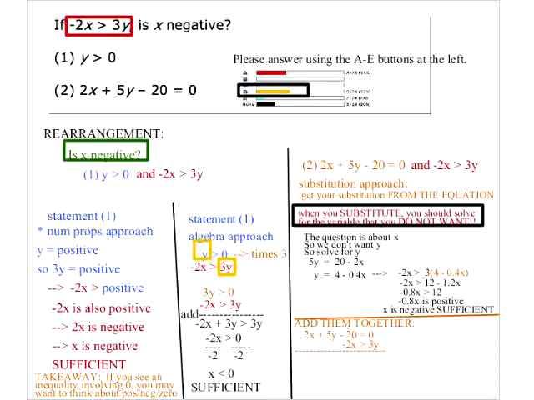So if you do that, the 2x's cancel, and you wind up with 5y minus 20 is greater than 0. So 5y is greater than 20. Y is greater than 4.